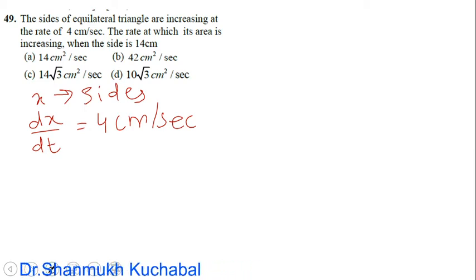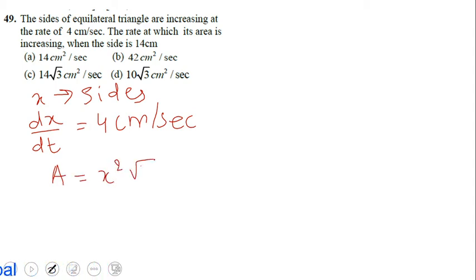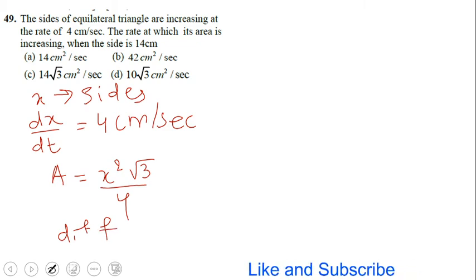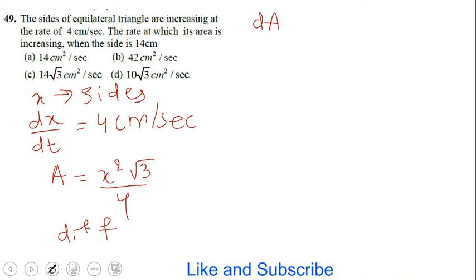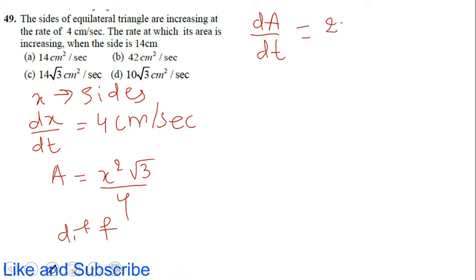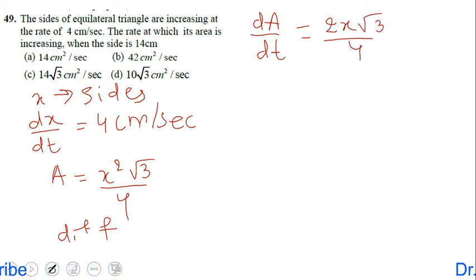Then the area of an equilateral triangle is given by the formula A equal to x square root 3 divided by 4. So we differentiate this. dA by dt is 2x root 3 divided by 4 times dx by dt.